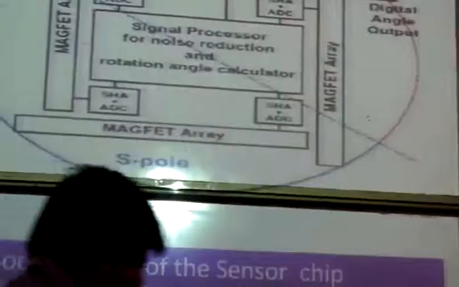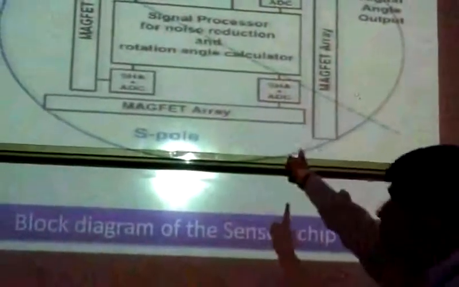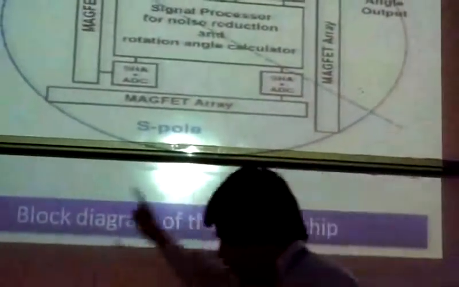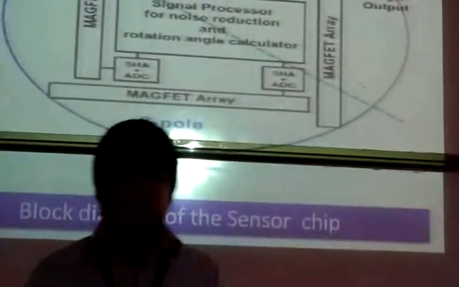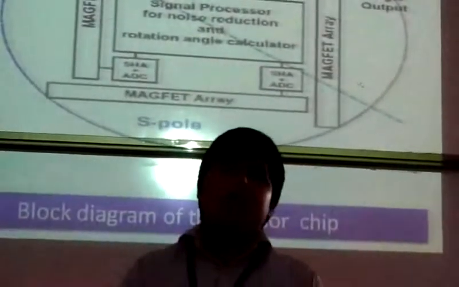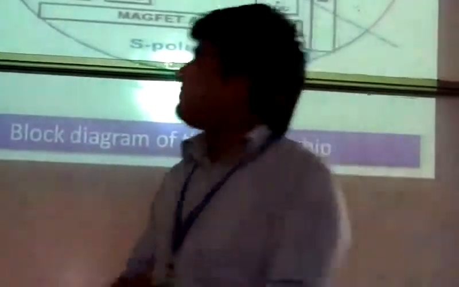This is the block diagram of the sensor chip. In the sensor chip we mainly use MAGFET arrays, four MAGFET arrays, all around the chip. Then they are all connected to an SHA and ADC. ADC means analog to digital converter, and SHA means sample hold amplifier.